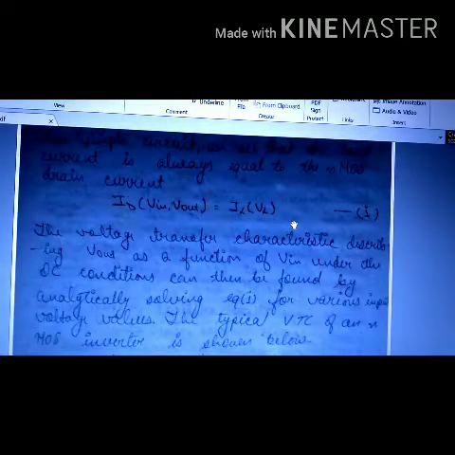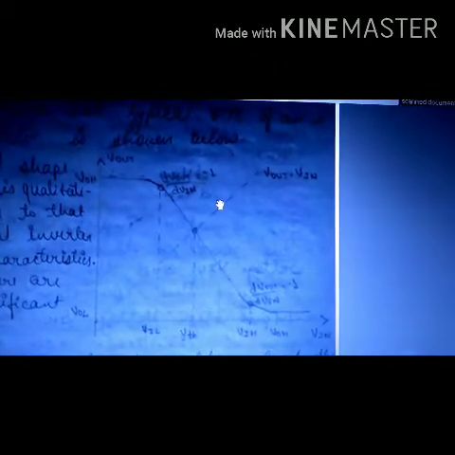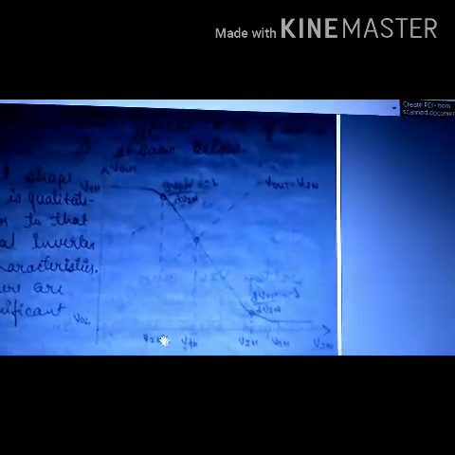Now the typical voltage transfer characteristic of an inverter looks somewhat like this. The general shape of this VTC may not look exactly similar to the ideal case, but there is a high output voltage and a low output voltage with respect to V in low and V in high.